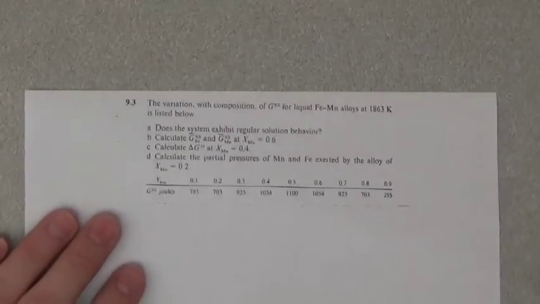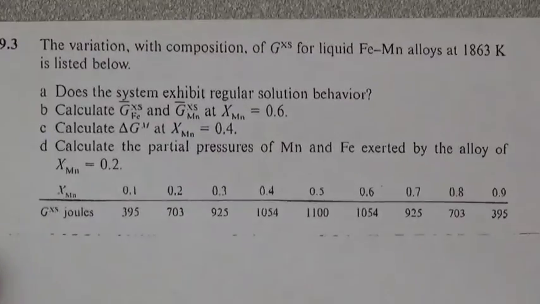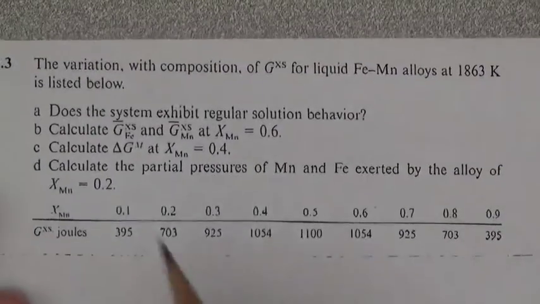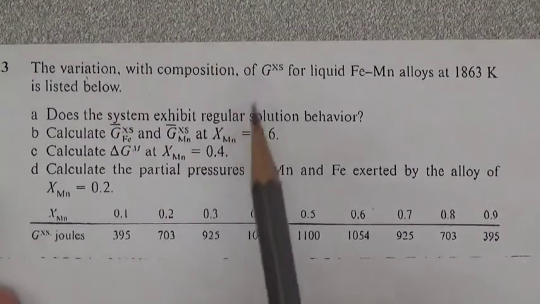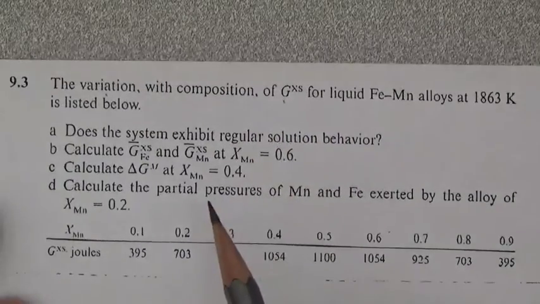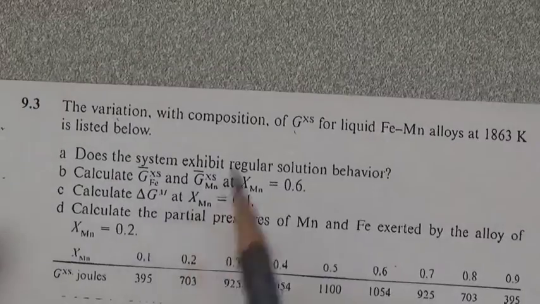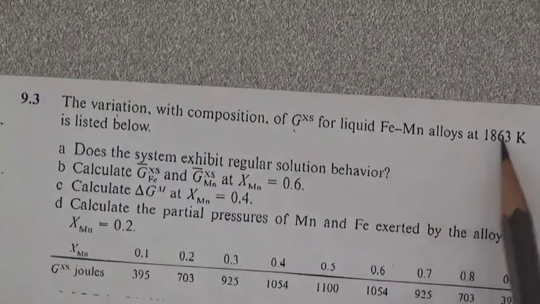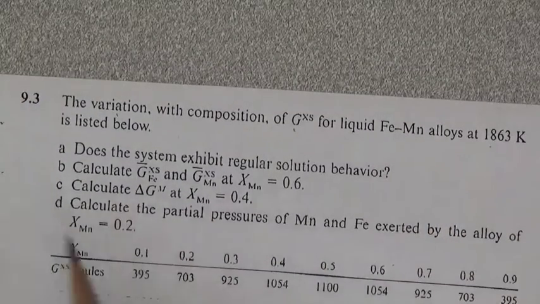Now let's solve problem 9.3. Problem 9.3 has a bunch of parts in it; we'll come to those. The variation with composition of the excess Gibbs free energy for liquid iron-manganese at 1863 K is given here.